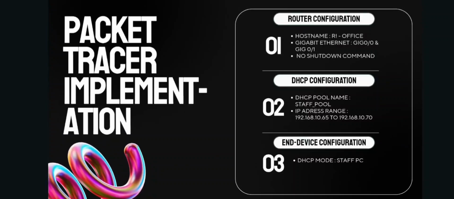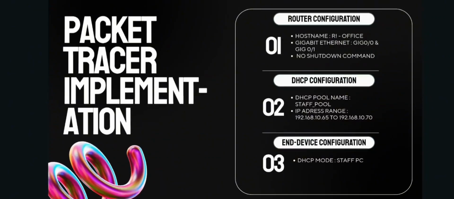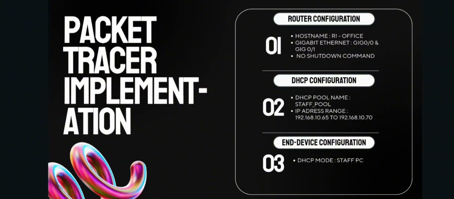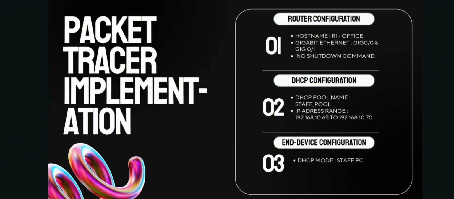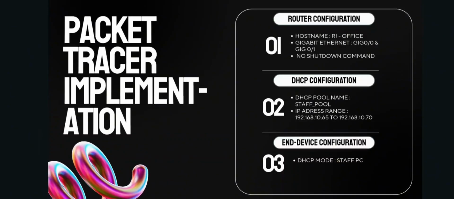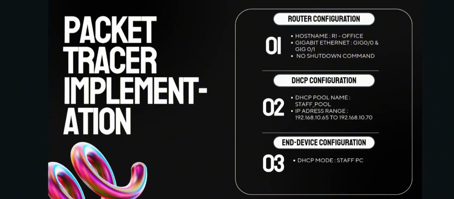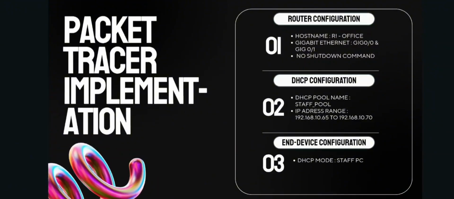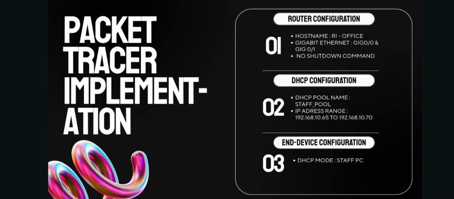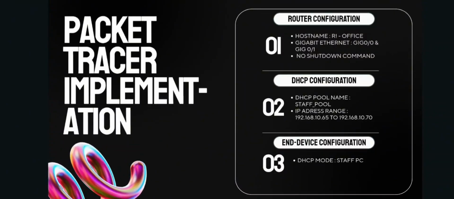We configure the router with the hostname r!office. We also use 2 gigabit Ethernet interfaces, which are gig 0/0 for the management local area network and gig 0/1 for the staff local area network.